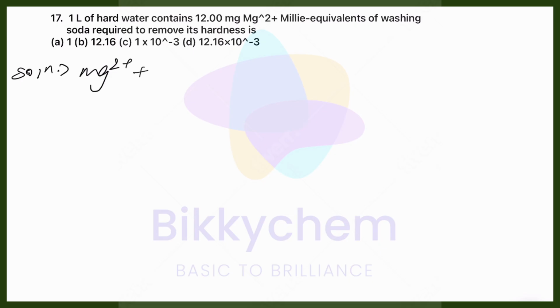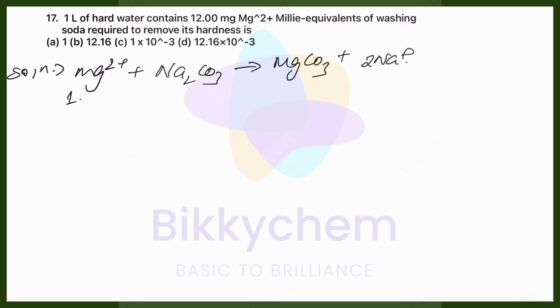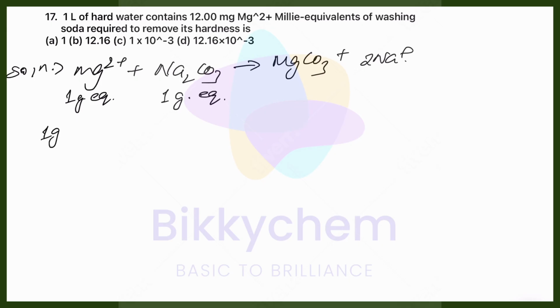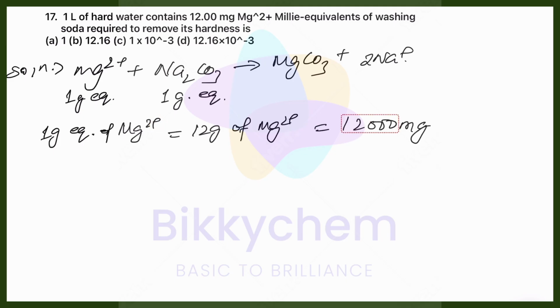Mg2 plus, Na2CO3, washing soda contains Na2CO3, gives MgCO3 plus 2Na plus. So you know that 1 gram equivalent reacts with 1 gram equivalent because their amounts are same. So 1 gram equivalent of Mg2 plus equals 12 gram of Mg2 plus, which is equals to 12,000 mg.